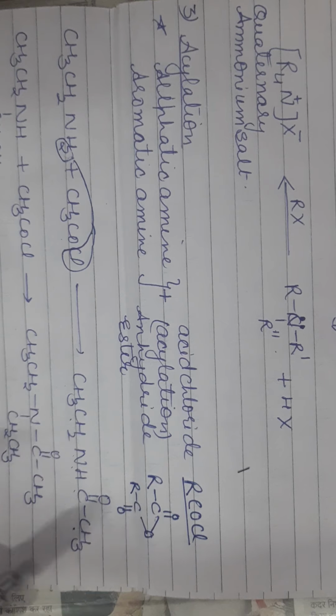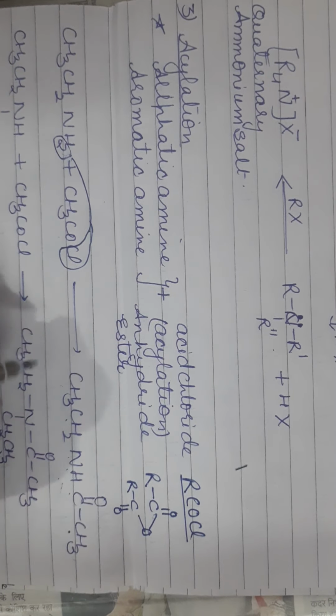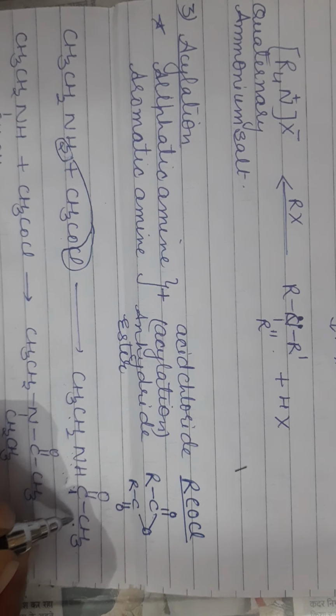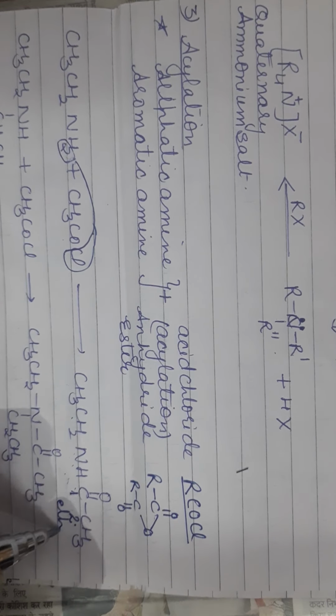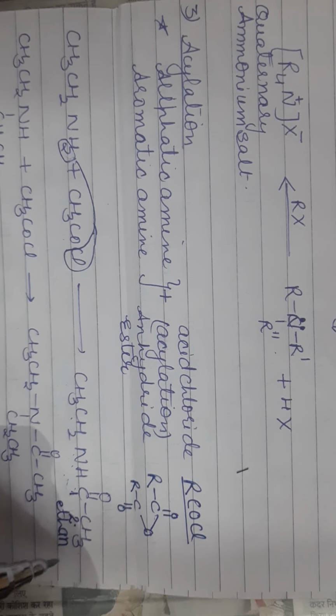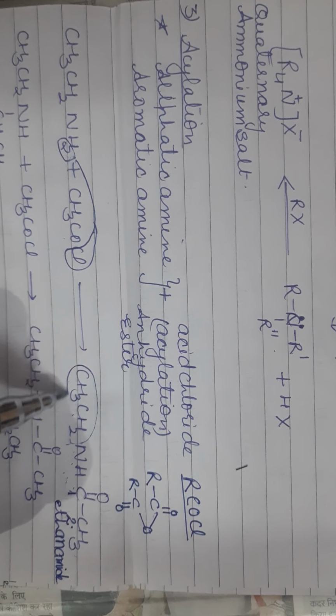What is this? This is your amide group. See here, what is its name? Carbons 1, 2, this is called eth, single bond ane, amide. This is your ethanamide. And this acts as a substituent.